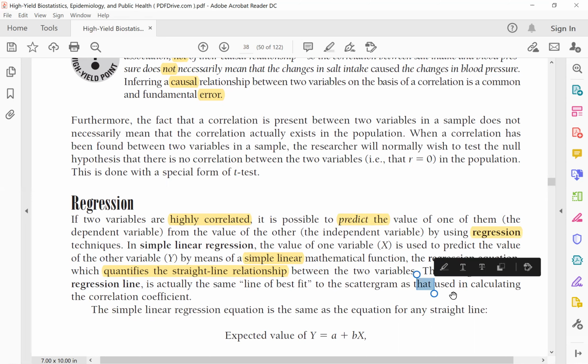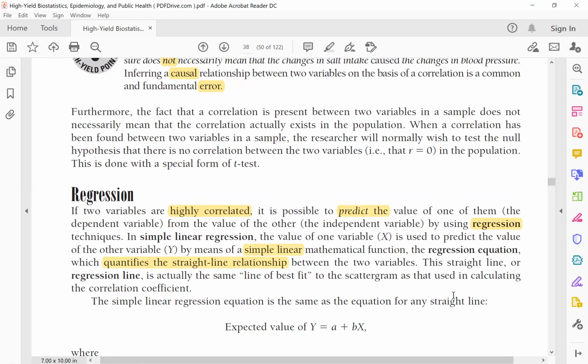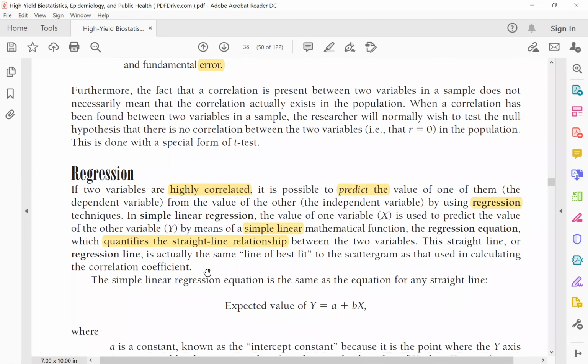This straight line, or regression line, is actually the same line of best fit to the scattergram as that used in calculating the correlation coefficient. The simple linear regression equation is the same as the equation for any straight line.